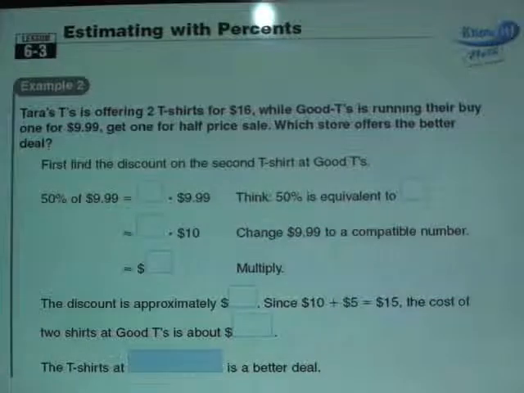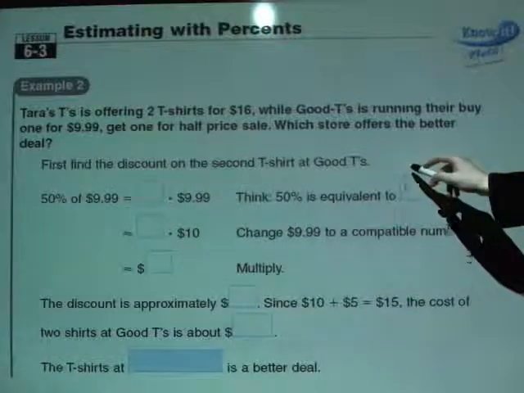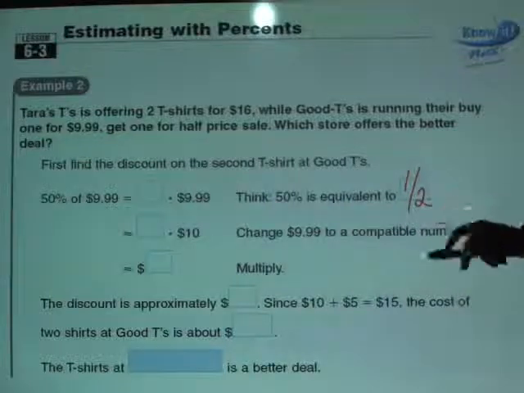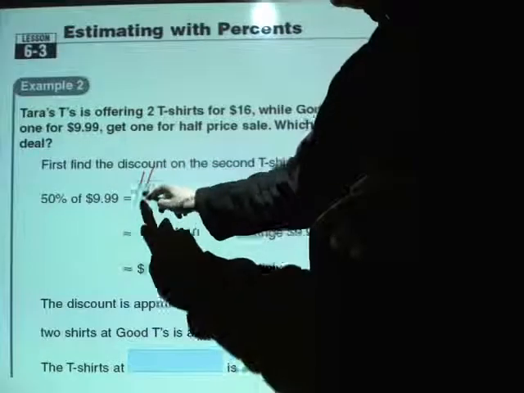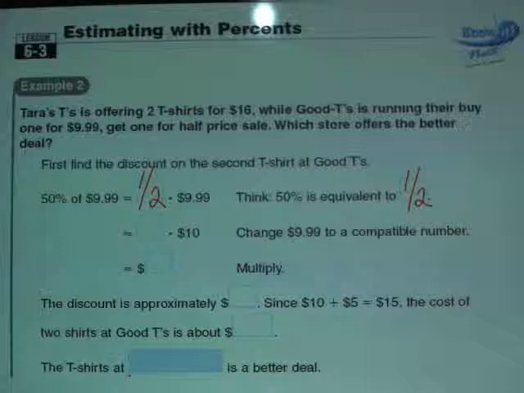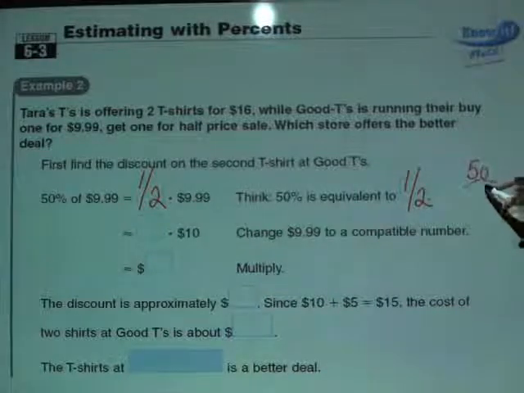And we're going to do that with estimating again. So 50% would be half price. So half price of the regular price, or half of $9.99. All right, 50% is the same as 1/2. And again, if you're having a hard time seeing that, remember a percentage is a comparison to 100. So 50% would be 50 over 100.